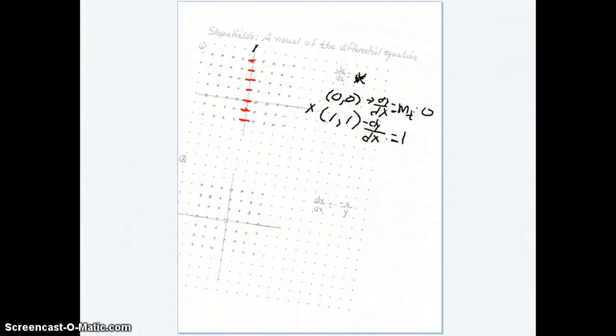So now here's what I have to do. I have to go to the point (1, 1), and I have to sketch a little tiny line segment with a slope of 1. And so how are you going to do that exactly? Well, you can't do it exactly. You just pick a slant that's comfortable for you. That's my 1. And then I just have to make sure that every other slope that I pick is relative to that one.